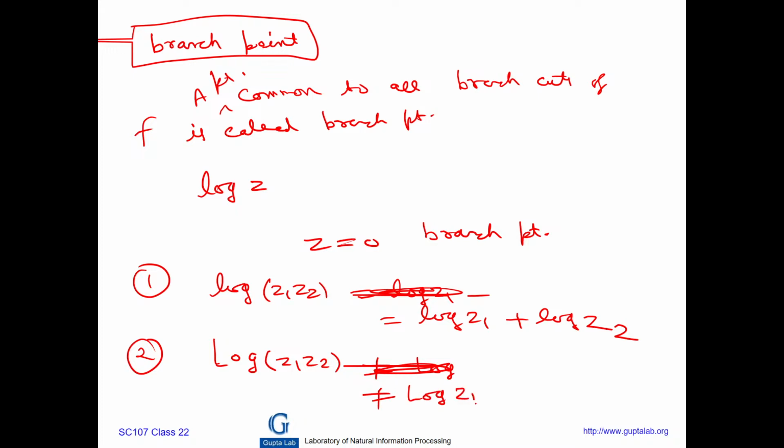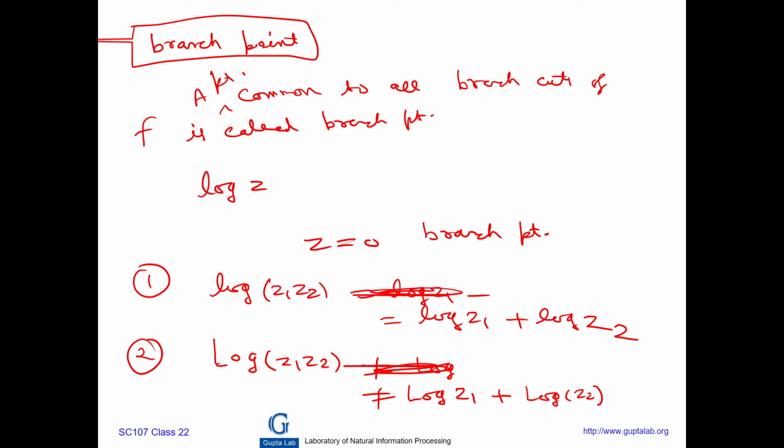You can verify these things actually. Why it is true? You can look at it. This is an easy exercise I am giving you, okay. That's all about the logarithmic function.